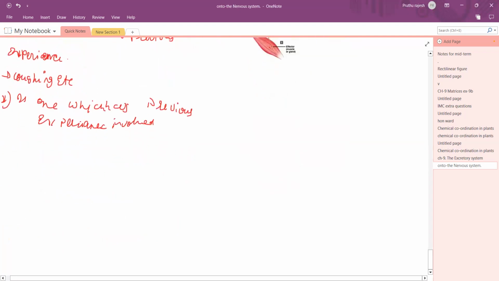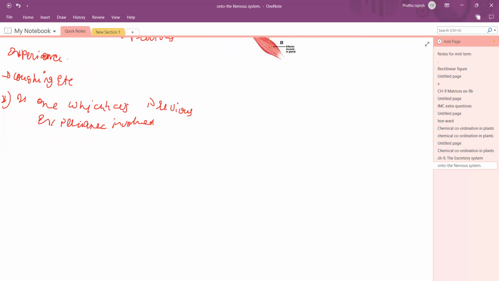There's one important experiment to show conditioned reflex, which is called Pavlov's experiment on a dog. A Russian biologist named Pavlov tried an experiment on a dog.